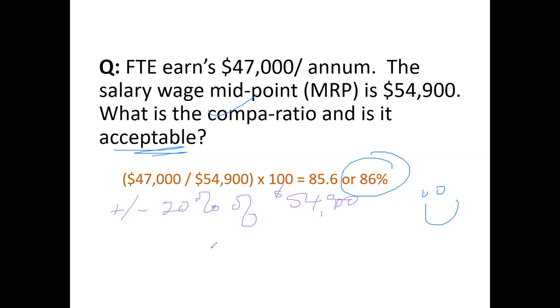If the computation is anywhere from 80 to 120%, you're in the safe zone. Because again, you're never going to be right on the money. If that's the case, then what's the point of having a range? So 80 to 120%, you are safe.